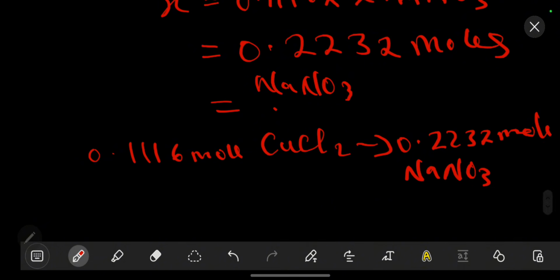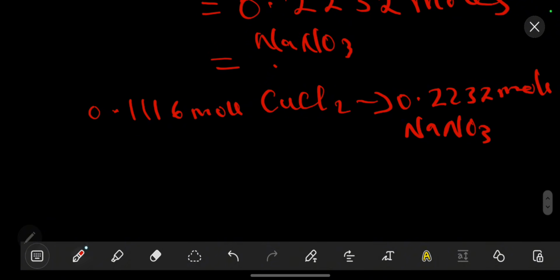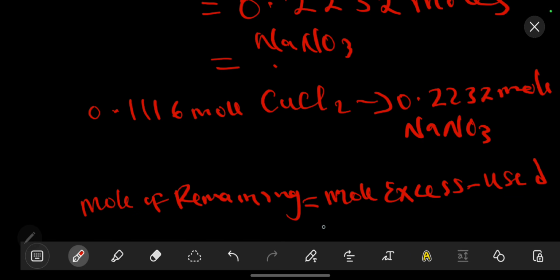So with this established, we can now use this value to determine how much of the excess mass was remaining. To find the moles of remaining, it will be equal to the moles of excess minus the used. Out of all this, the number of moles that was used was 0.2232.